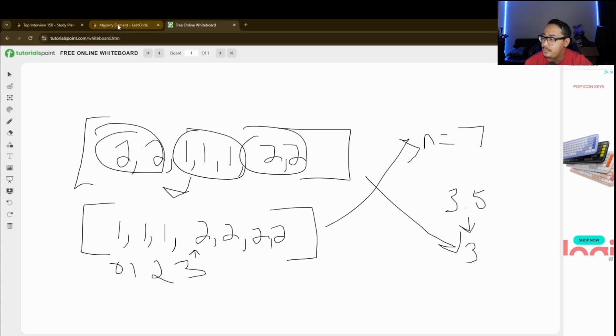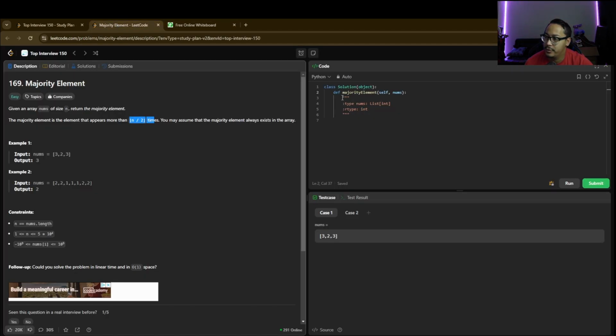So first thing we're going to do, we need n, and then we need to sort. Those are the first 2 things. We're going to do n is equal to the length of nums.